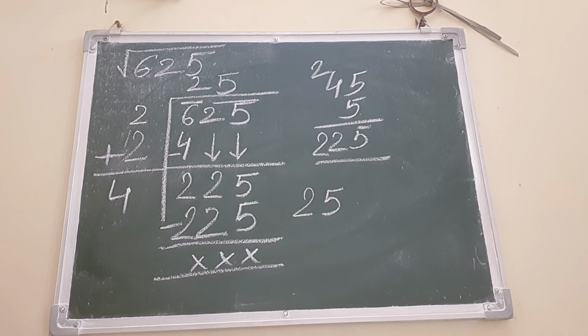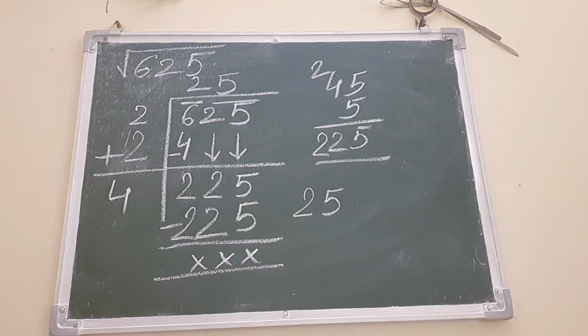So now we have to divide 6, and we divide it in the form of squares. So it goes by 2 times, 2 2s are 4, because 4 is the just lesser number than 6 in terms of squares. 6 minus 4 is 2. Two numbers are copied at one time, so 25 is copied, so it becomes 225.